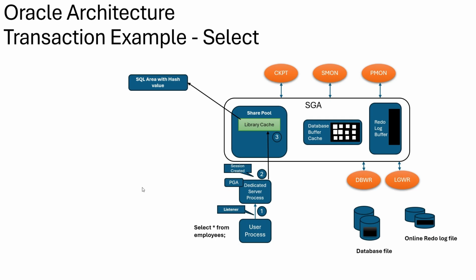So when you are running for the first time, it creates a SQL area to store that SQL query along with a hash value. The hash value is nothing but a hexadecimal value for that query, which will be used for referencing purposes.